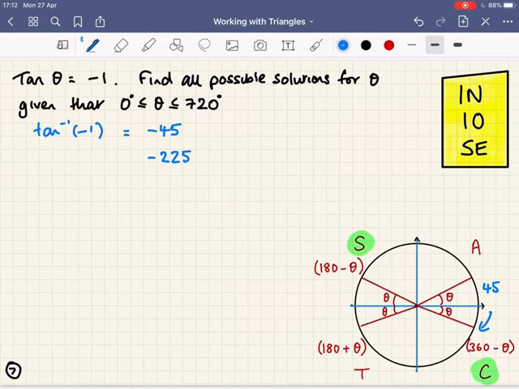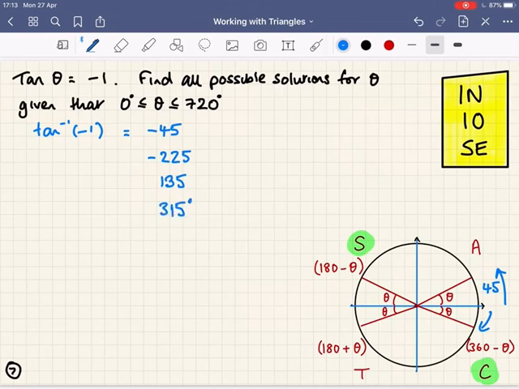And then going in the other direction, the positive angle direction, I'm going to go into the second quadrant, and I'm going to have an angle of 180 minus 45, which is 135. And I'm going to keep going round now into the fourth quadrant, where tan is, again, negative, and I'm going to be 45 degrees short of 360, which is 315 degrees.